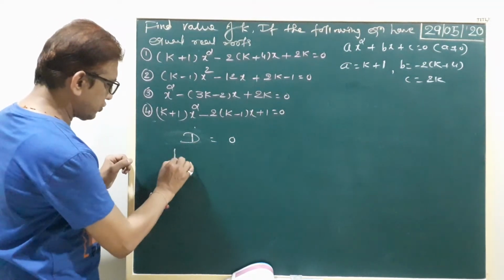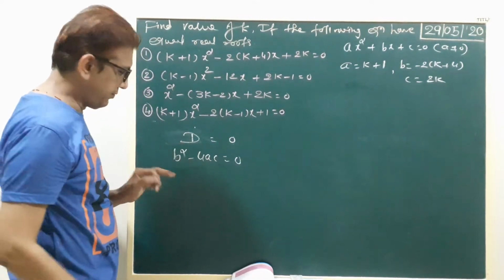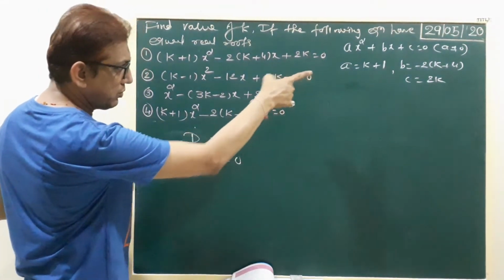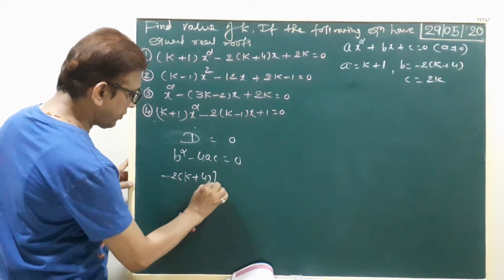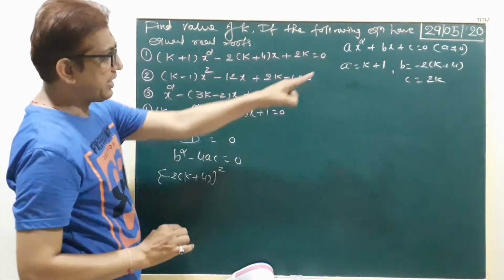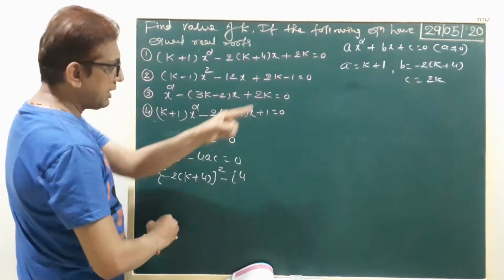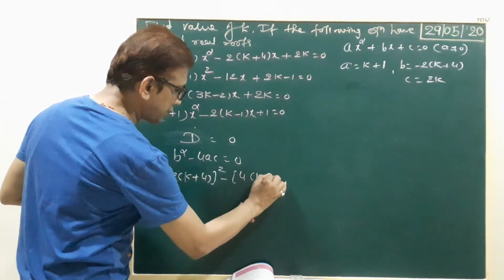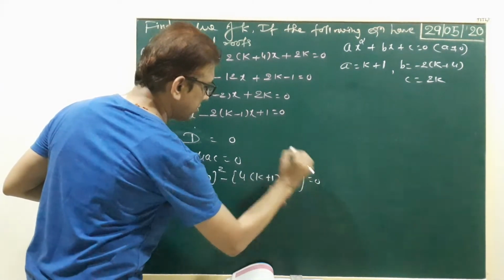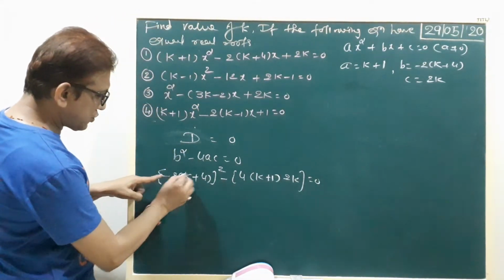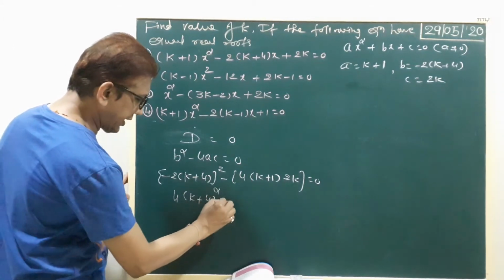So b square minus 4ac equals 0. Clear? Put the b value here: minus 2 into k plus 4, whole square, minus 4 into a, which is k plus 1, into c, which is 2k, equals 0. Now minus 2 square is 4, k plus 4 whole square.